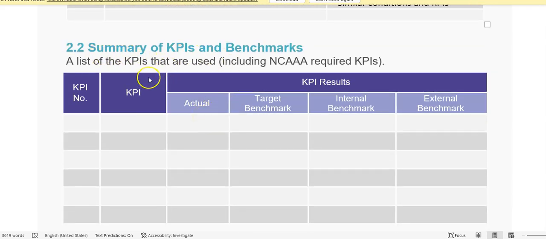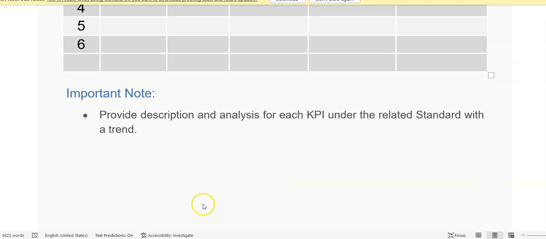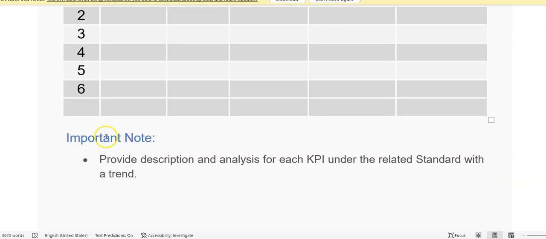Here you have to list all the KPIs and benchmark from NCAAA. They are 17, and I advise adding 1 or 2 related to community service. Important note: provide description and analysis for each KPI under the rated standard with a trend.